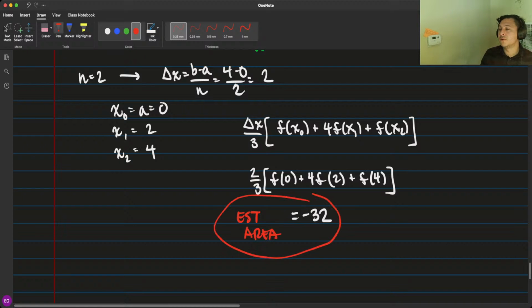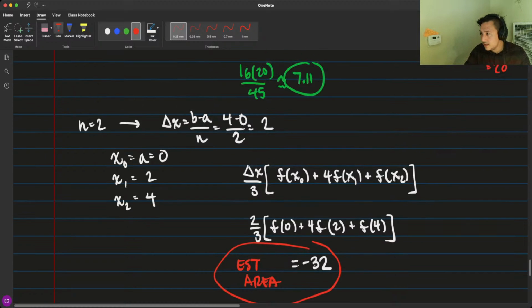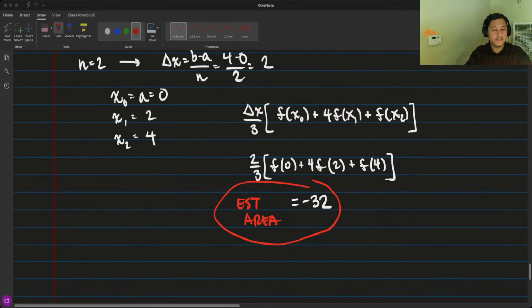We said that the worst case scenario is that it would be off by 7.11. I'm going to have Wolfram integrate it for us. So I'm going to have it integrate between 0 and 4.